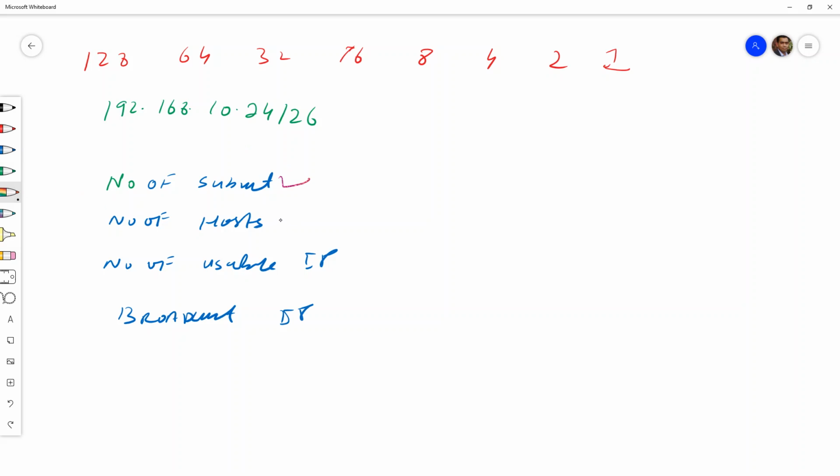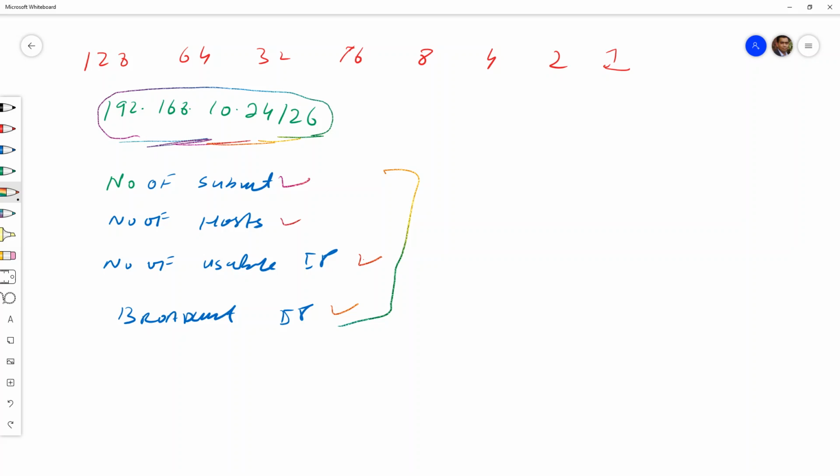How many networks will we be creating? In each network or subnet, how many hosts will it have? Total number of usable IPs and the broadcast IP as well. So you need to calculate these things based on this. He has just given you this IP. So in the exam, or maybe in the interview, they just give you this portion. That's it. They say, tell me how many networks we will be creating, the total number of hosts in each network, the usable IPs, and the broadcast IP.